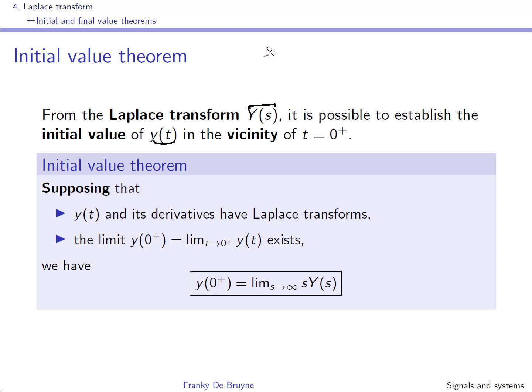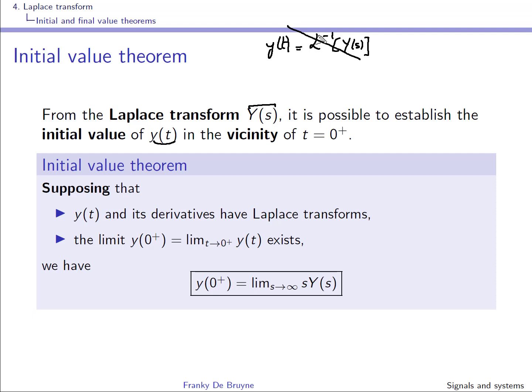So one way to obtain this information would be to compute y of t as the inverse Laplace transform of Y of s, but in many cases some computations might be heavy, so sometimes we are only interested in the information in the vicinity of t equals 0, or when t tends to infinity, and we don't want to go through the trouble of computing this inverse Laplace transform.